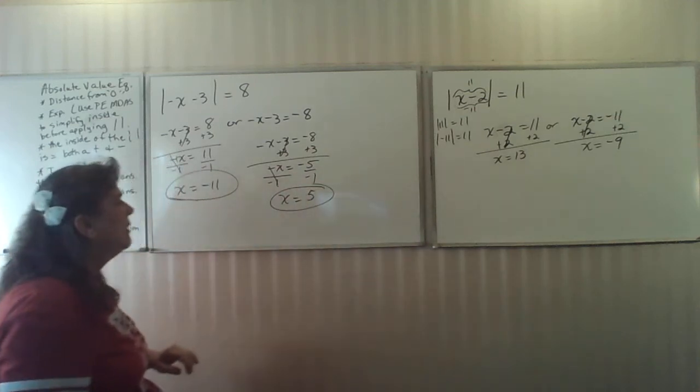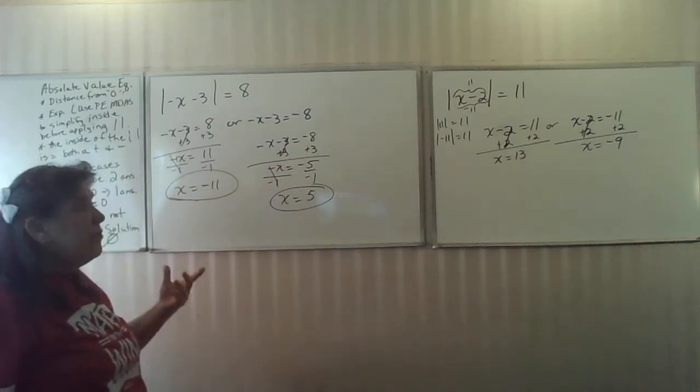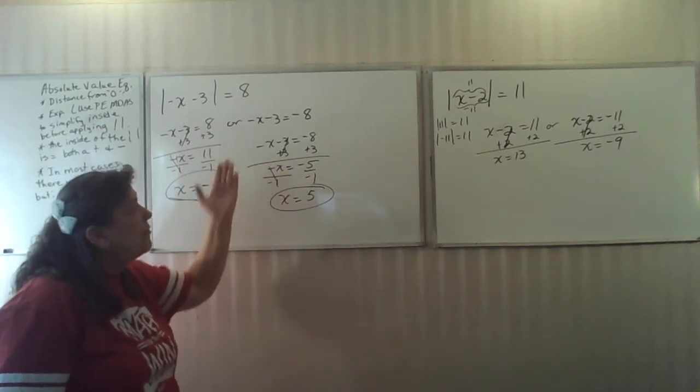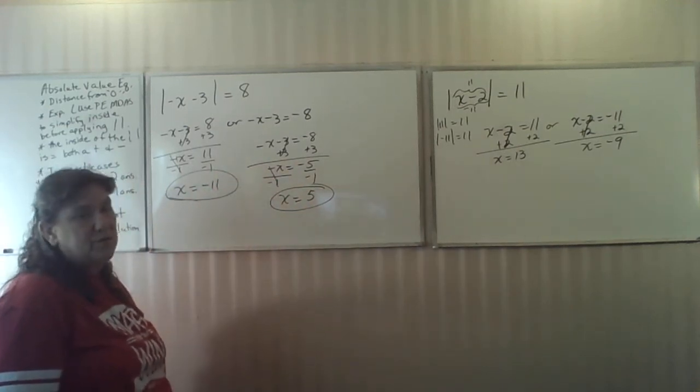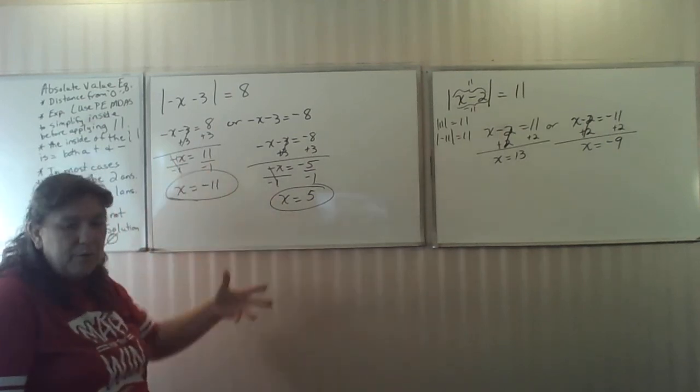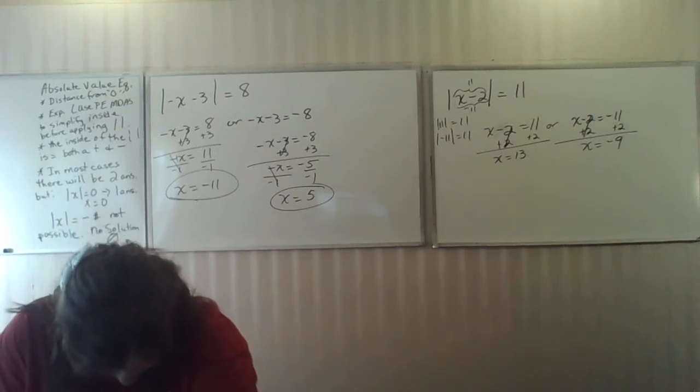Okay? So, we don't always end up with a negative and a positive answer. So far we have, but that's not always going to be the case. So there you are. We've done several problems of that type.